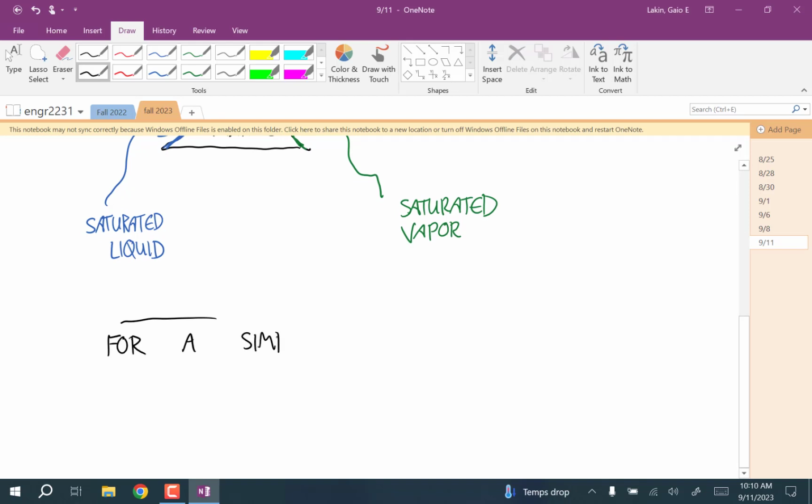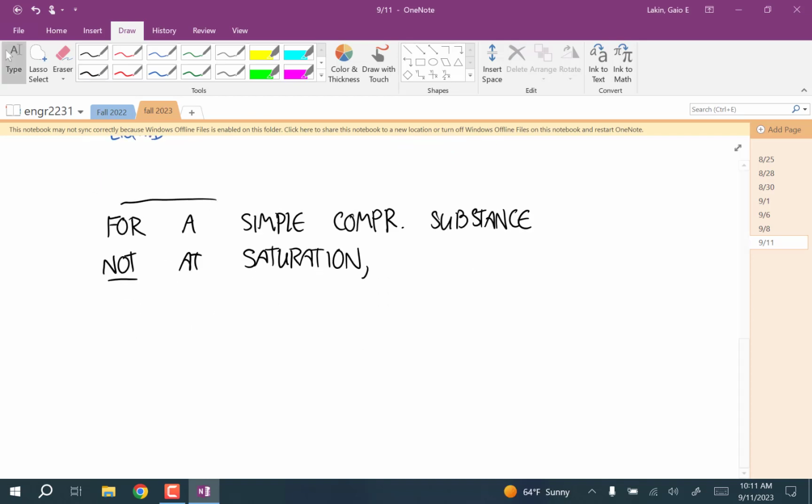For a simple compressible substance that's not in a saturation region, two properties are required to specify all the other properties.